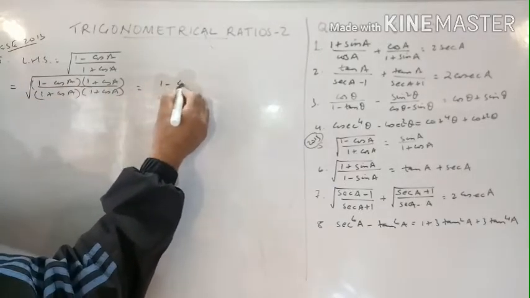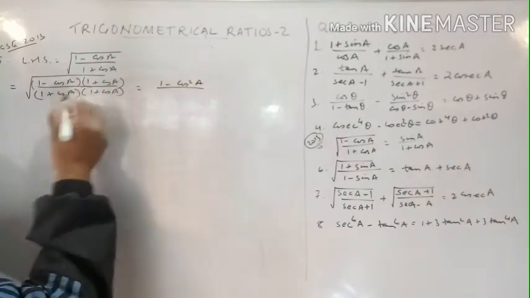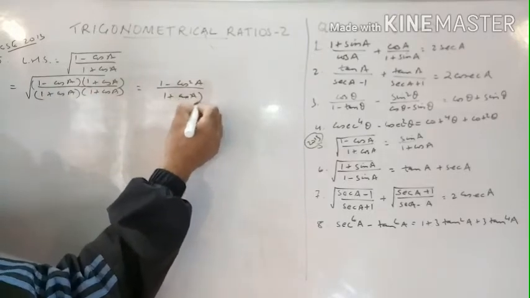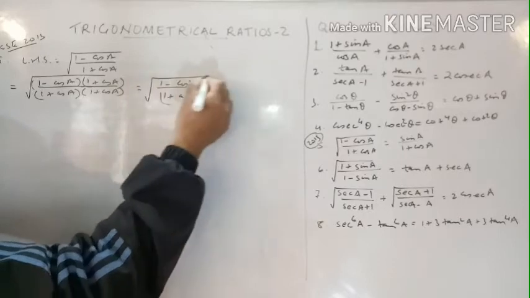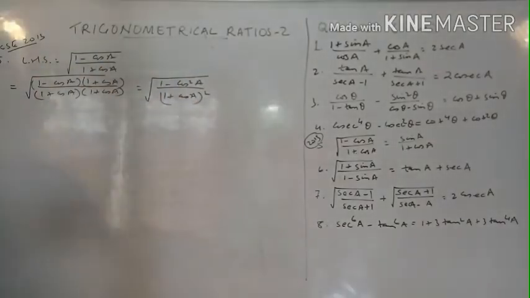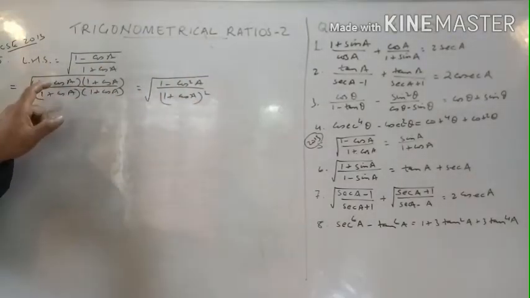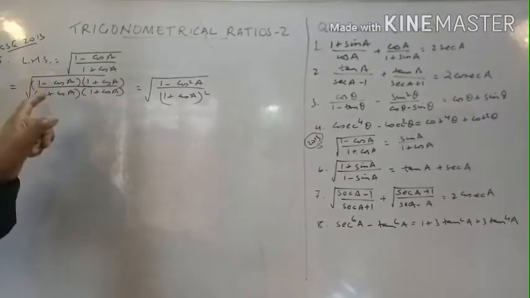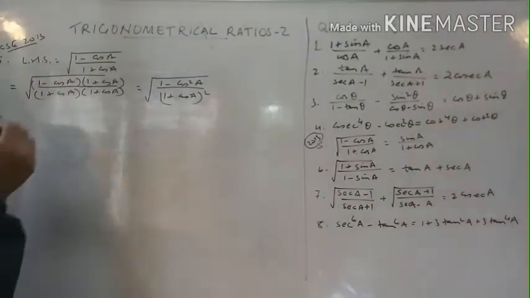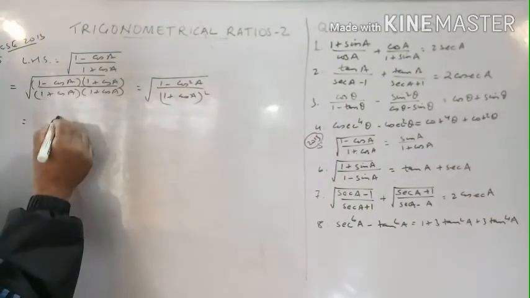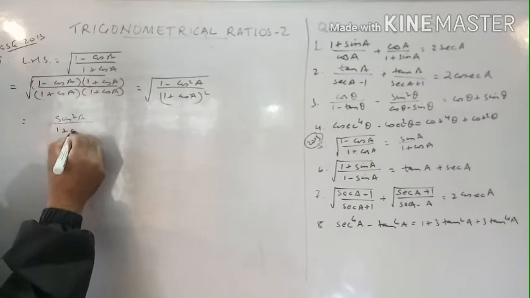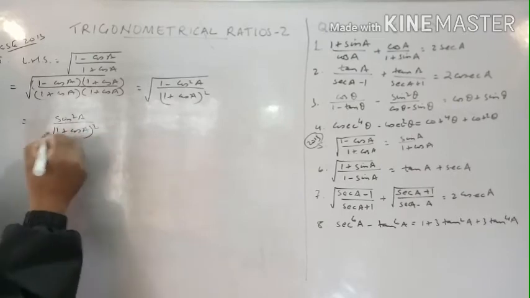So here the formula A plus B into A minus B must be used. So you get 1 minus cos square A, and here 1 plus cos A into 1 plus cos A is 1 plus cos A whole square. You have to know the difference. Okay, here plus minus, so A plus B into A minus B formula used. Here same thing, 1 plus cos, 1 plus cos, so this will be whole square. So 1 minus cos square A is sin square A, and 1 plus cos A whole square, all under root.